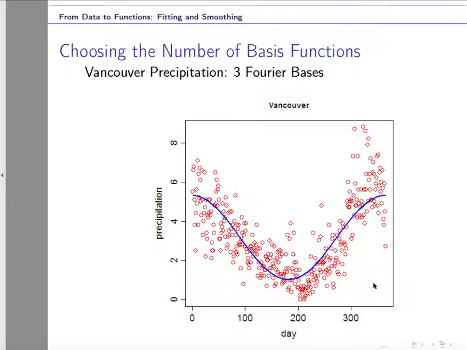Here, to give you one example, this shows the daily precipitation amount in Vancouver over one year. We know in Vancouver we have a lot of rain in the winter, and generally less rain in the summer.